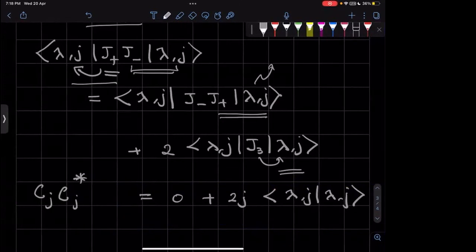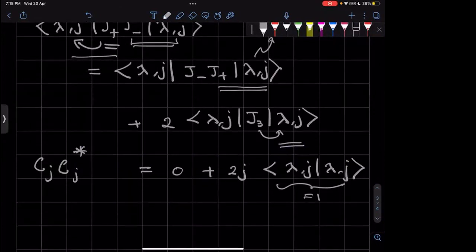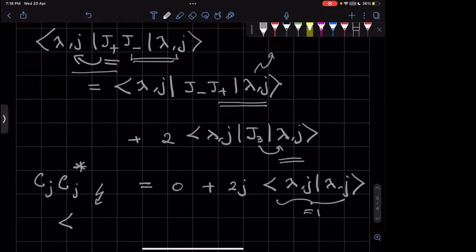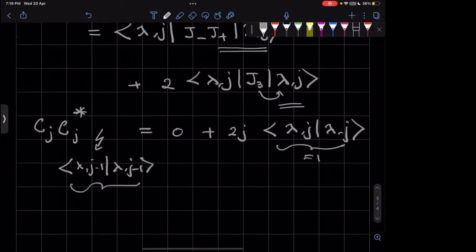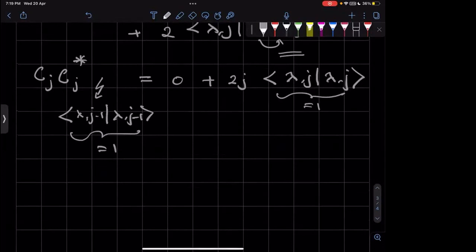And this guy is 1, because these are all normalized. Similarly, we will have bra of lambda j minus 1, lambda j minus 1, which is also 1. So this equation then gives me that the modulus of CJ squared is 2J.